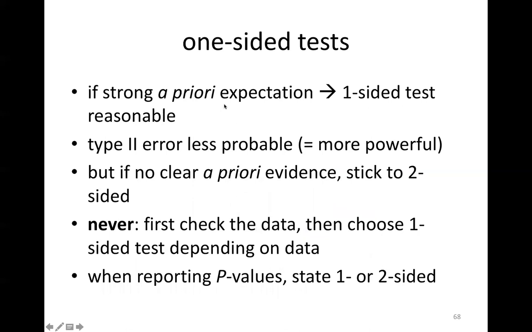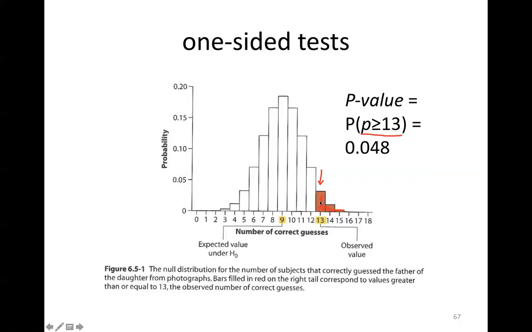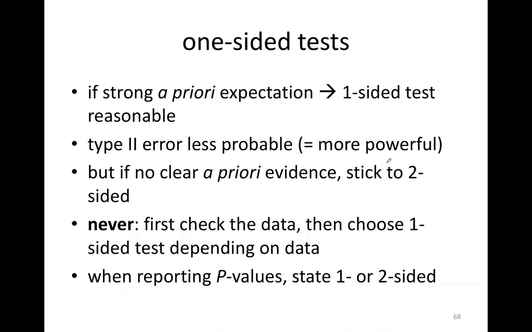Something that is important here is that if we had performed a two-sided test, as you see, it would have involved calculating the p-value from both tails, as in here, and the p-value would be something like 10%, close to 10%. And we would not have called that significant.